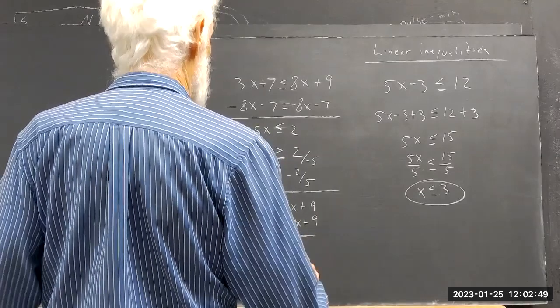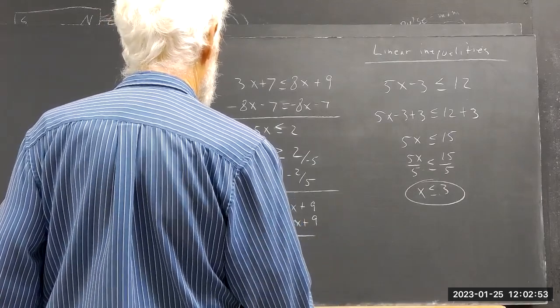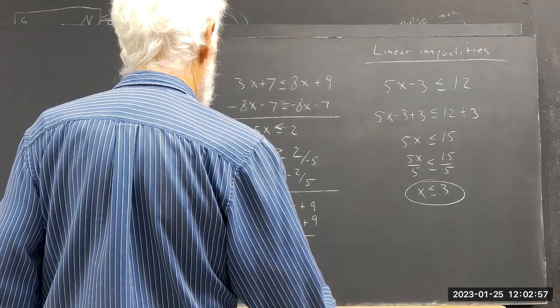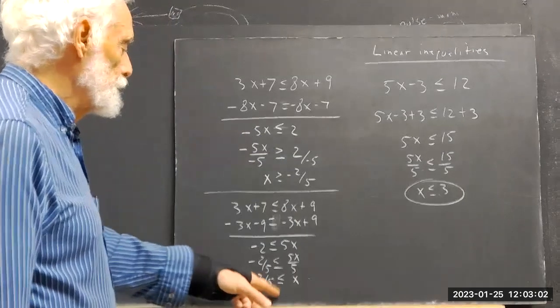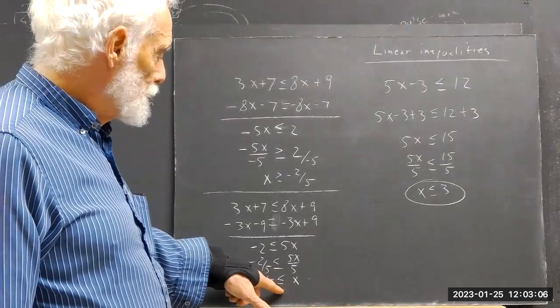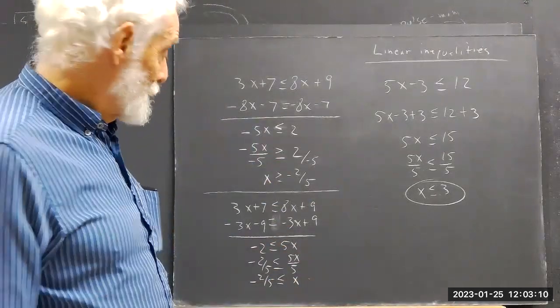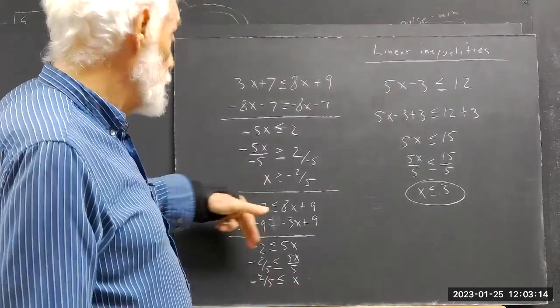Divided both sides by 5, and I got x greater than or equal to negative 2/5, or negative 2/5 less than or equal to x. Of course, negative 2/5 less than or equal to x is the same as x greater than or equal to negative 2/5. If this is less than or equal to x, then x is greater than or equal to this.